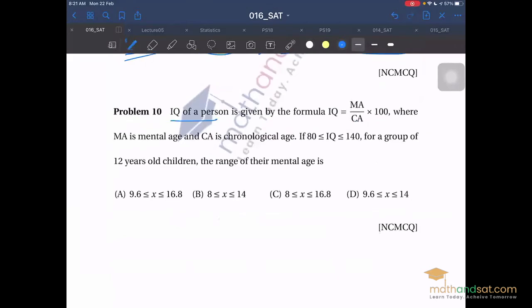IQ of a person is given by the formula IQ is equal to MA by CA into 100, where MA is the mental age, CA is the chronological age. If 80 less than or equal to IQ less than or equal to 140 for a group of 12 years old children. So 12 years old means what? CA is given to be 12. Then the range of their mental ages.